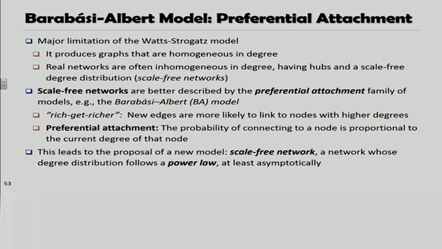So rich get richer is a very popular philosophy in almost any society. That's the reason why this model has a preferential attachment principle. The preferential attachment principle says the probability of connecting to a node is proportional to the current degree of that node. That means if you have more degrees, you have more chance to attract a new degree.